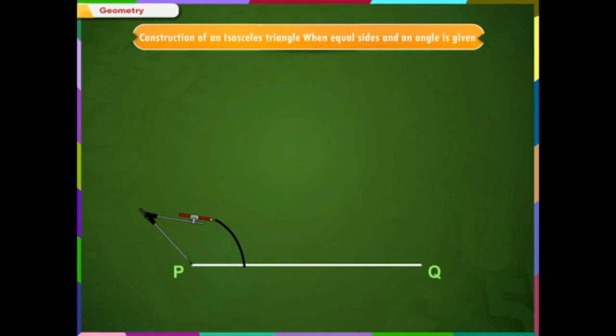Draw an arc across PQ and up over above the point P. Without changing the compass's width, move the compasses to the point where the arc crosses PQ and make an arc that crosses the first one. Draw a line from P through the intersection of the two arcs. The angle QPR has a measure of 60 degrees.